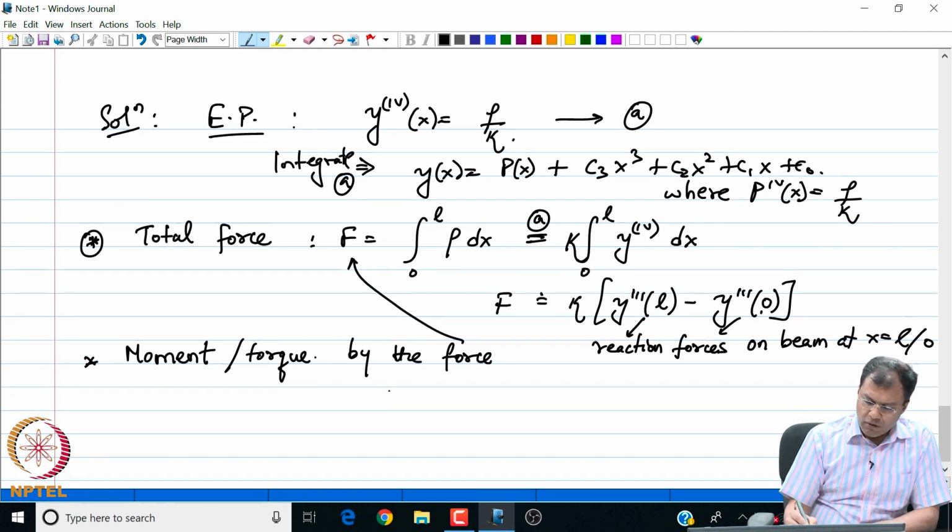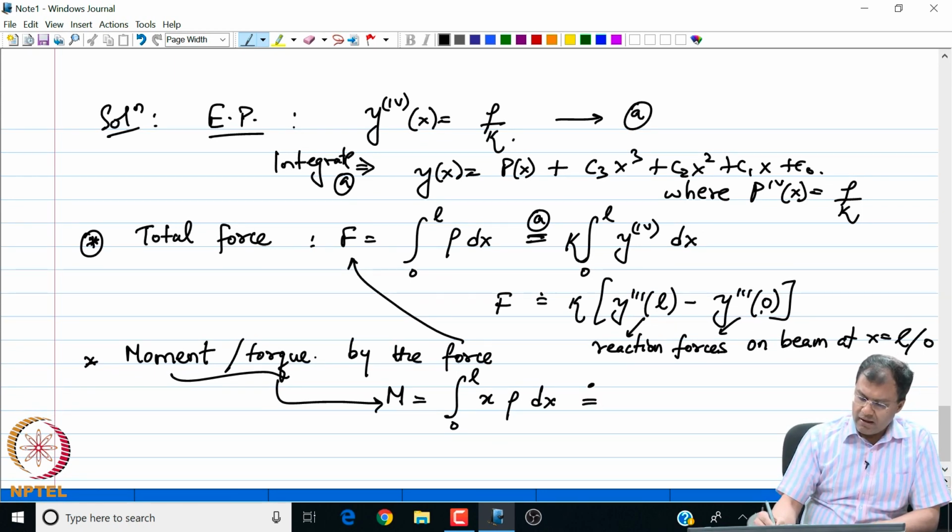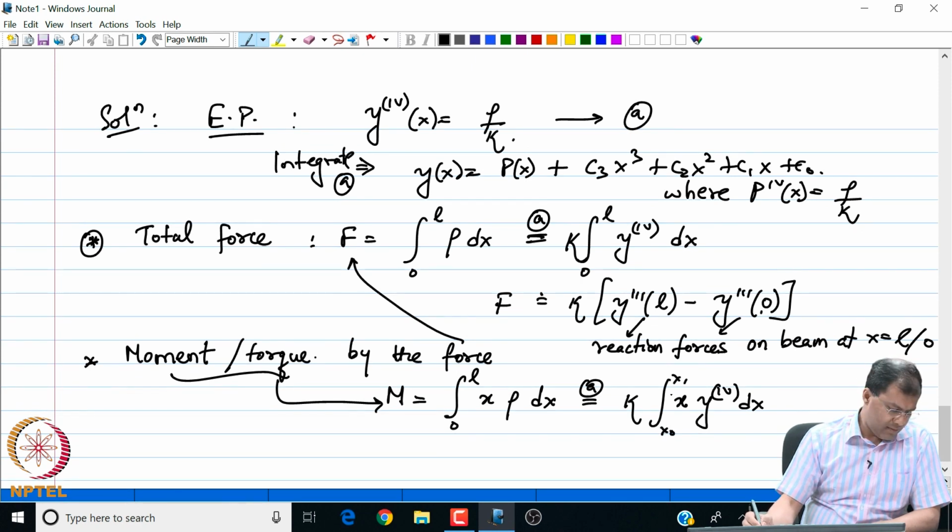I denote these moments by m, where m is the integral from 0 to L of x times rho dx, right, or from A, I get that this is also equal to kappa times the integral of x times y fourth derivative dx from 0 to L, right.